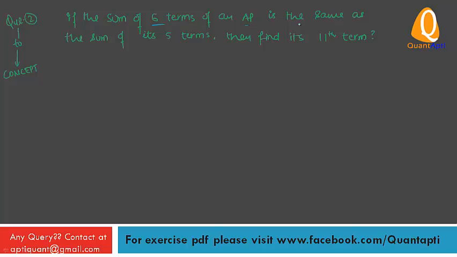Next question: the sum of the first 6 terms of an AP is the same as the sum of the first 5 terms. Then find the sum of the first 11 terms. Solution: S6 is equal to S5. S6 means 6 by 2, that is n by 2, into 2a plus 6 minus 1 into d, is equal to 5 by 2 into 2a plus 5 minus 1 into d.